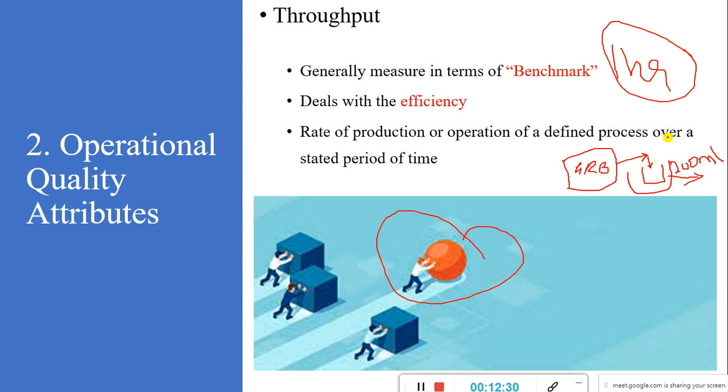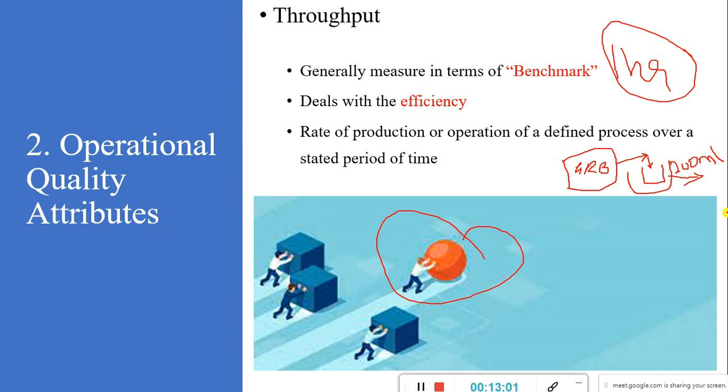That talks about the efficiency of the system, right? Obviously it should be more than people filling manually. So the rate of production or operation is defined over a process. The process here in this example is filling ghee into a bottle measuring 200 ml, right? This is what we call the efficiency or throughput of the embedded system.